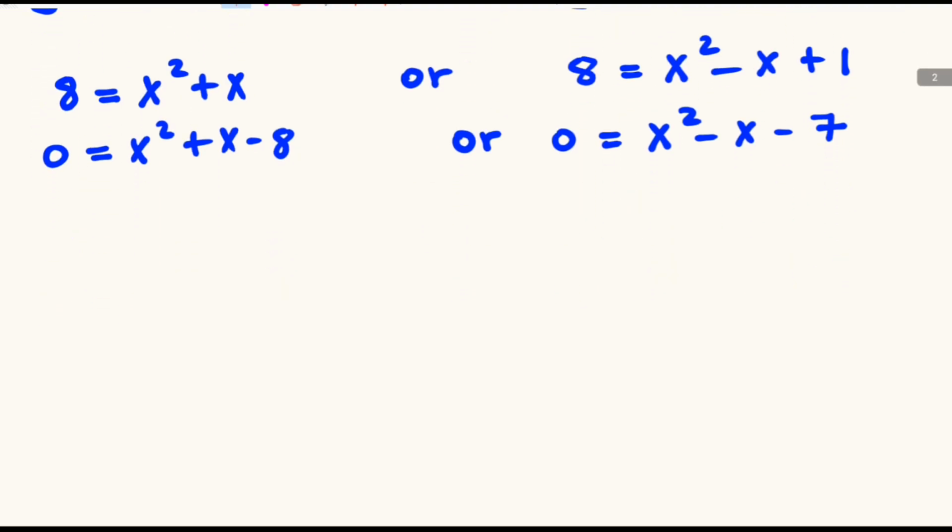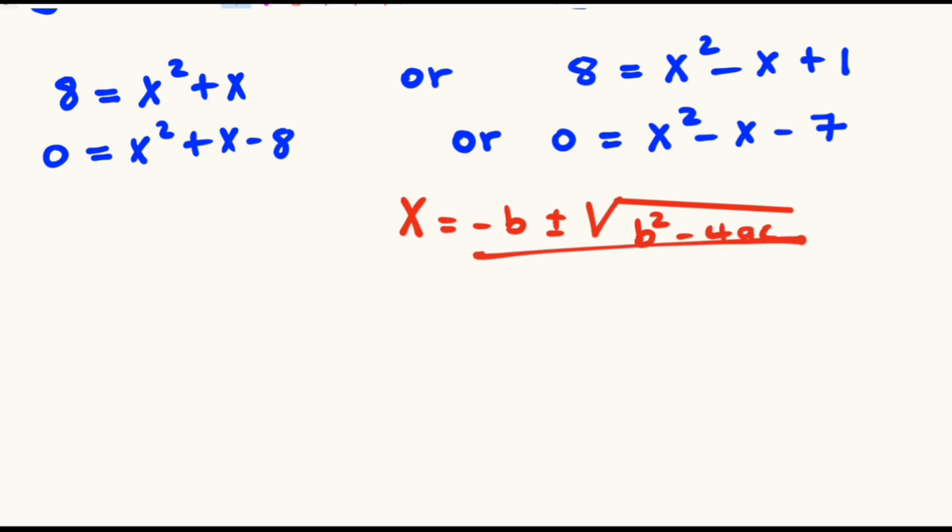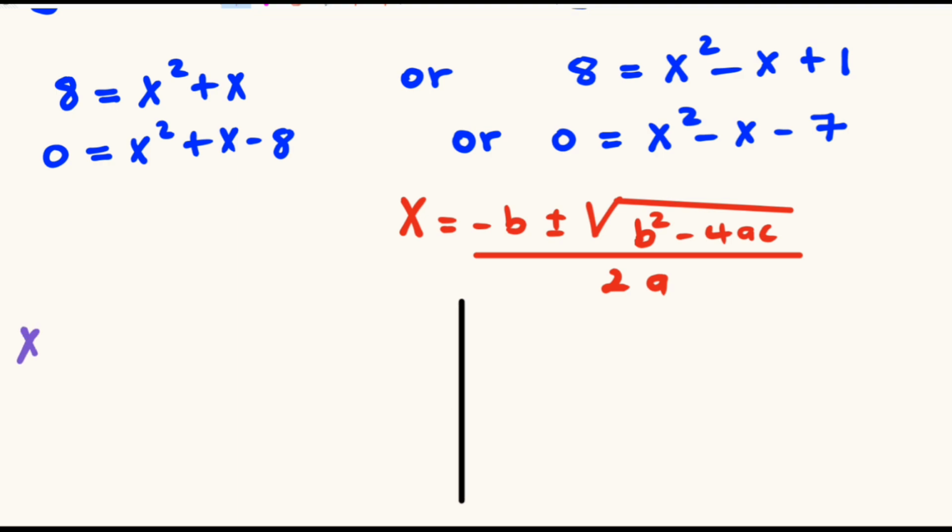We use the quadratic formula again, so we have x is equal to negative b plus or minus the square root of b squared minus 4ac, divided by 2a. This side, the x will be equal to negative b, which is equal to 1, plus or minus the square root of b squared, which is equal to 1, minus 4a.